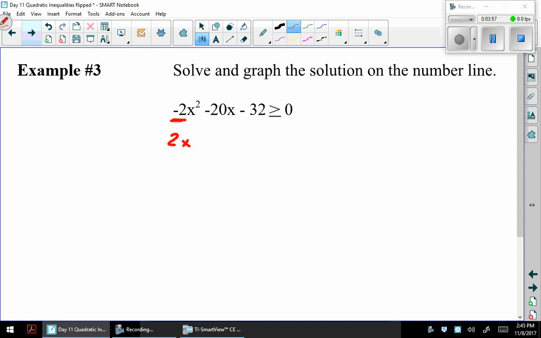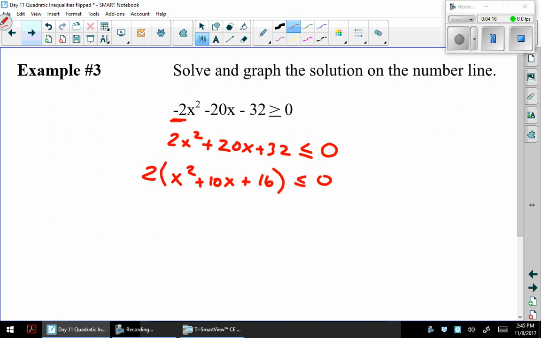So I have 2x squared plus 20x plus 32. Let's flip that around. Now I'm going to pull out a 2. So I get x squared plus 10x plus 16, less than or equal to 0. Let's see if we can factor that. Do we have factors of 16 that add to be 10? Yes, we do. X plus 8, x plus 2.